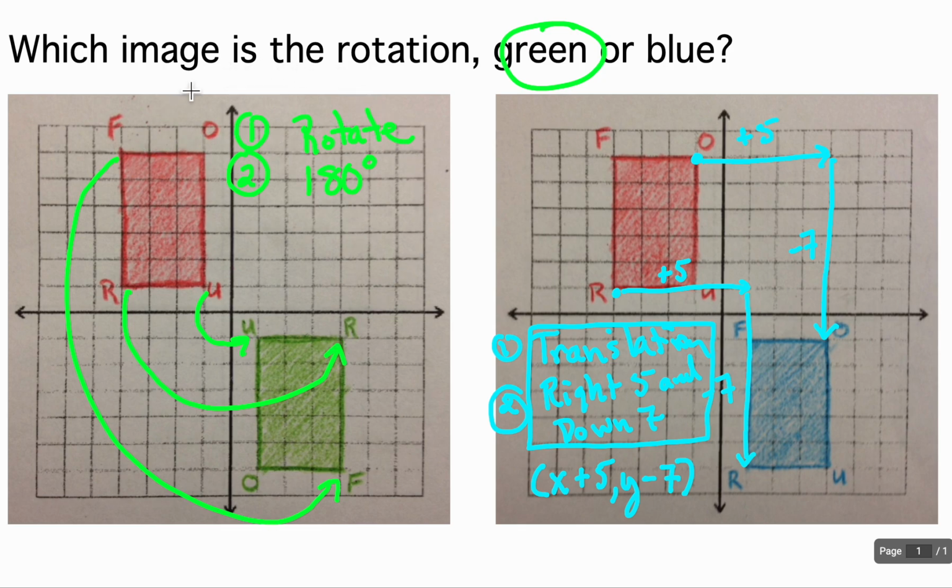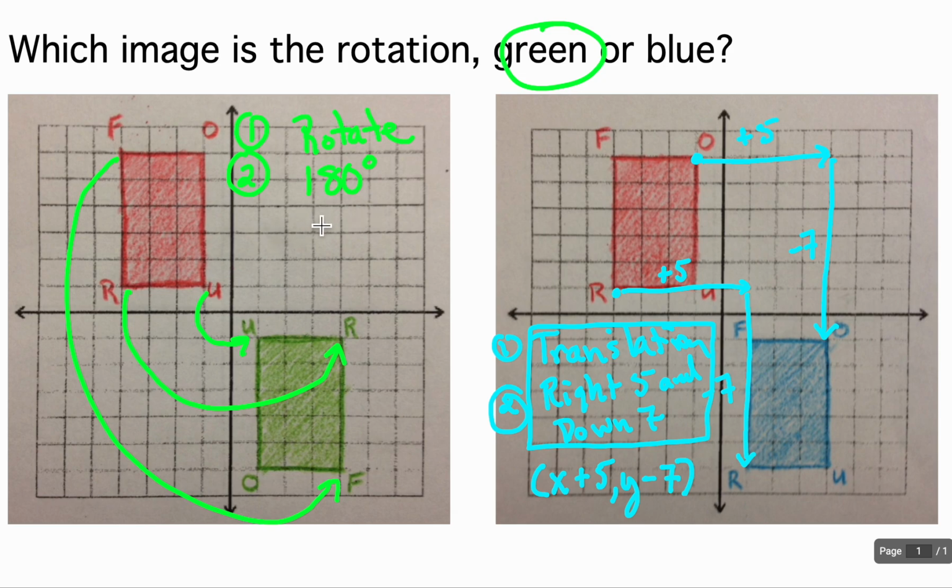Now, really doesn't matter the 180 degrees. So we could go 180 degrees clockwise, or we could go 180 degrees counterclockwise. So 180 is unique in that you don't need clockwise or counterclockwise. If you put it in there, I don't even look at that part. It's the 180 degrees. So that's the important.